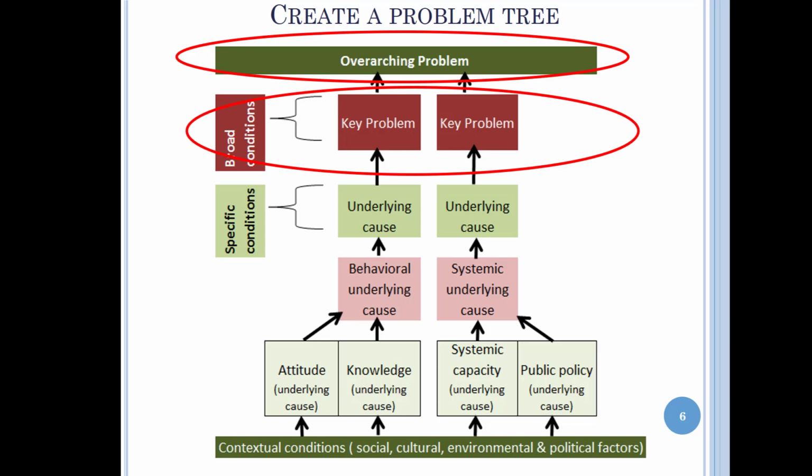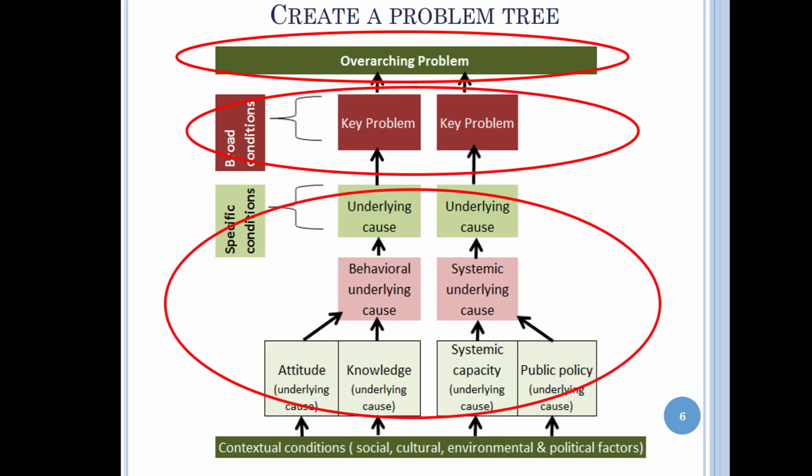The key problems are the broad conditions or causes that directly contribute to an overarching problem. Let's say if we're talking about food security, this will be low income or poor health status of the population, or low agricultural productivity. All of those are contributing to the overarching problem of food insecurity.